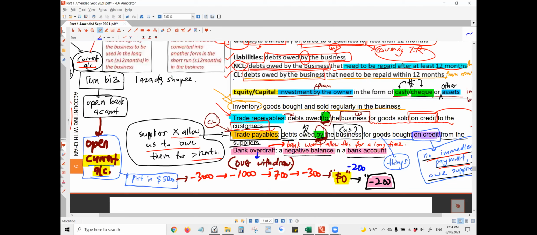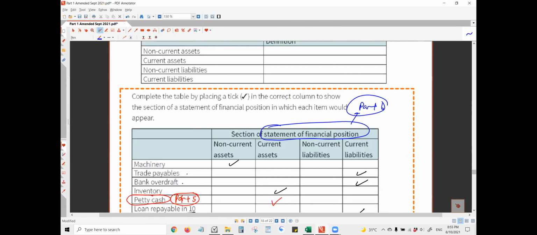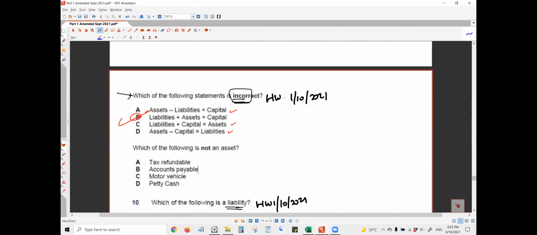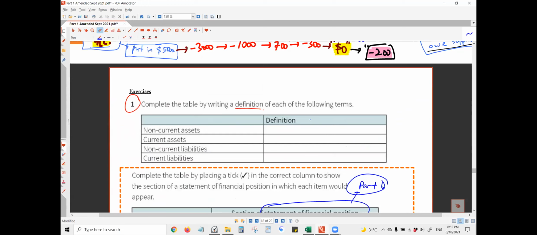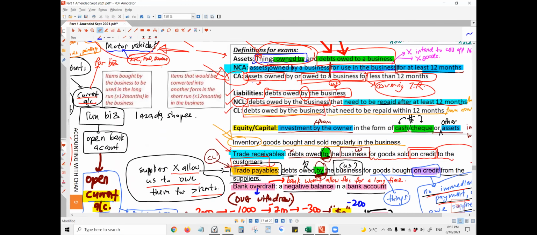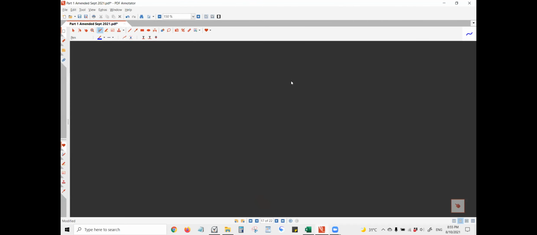Just like in English, every essay is different. So the definition here has been rephrased. It's known as items that are bought for long-term use by a business. It's the same thing as what I have in the note section there. You get my point? NCA.